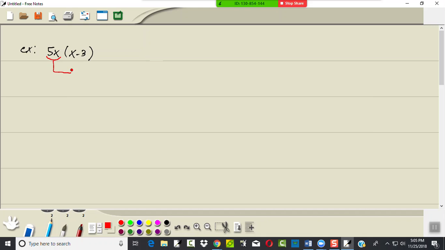We're going to multiply it times our first term, and we'll multiply it times our second term. So we're going to take 5x times x, and we'll take 5x times negative 3. Now 5x times x is 5x squared. And 5 times negative 3 is negative 15, and then the x carries along.